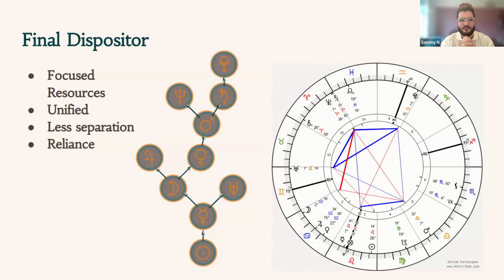So I would say that this is not a very common thing, to have a final dispositor. You find charts that do have them, but most of the time you tend to have splits. If you ever feel like, oh, I have two parts of my life and they're quite separated, that might be the reason: you have two trees, maybe three trees, or like in my chart, I have two separate trees.